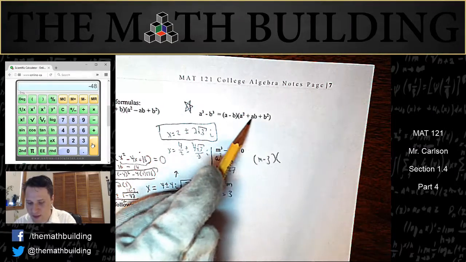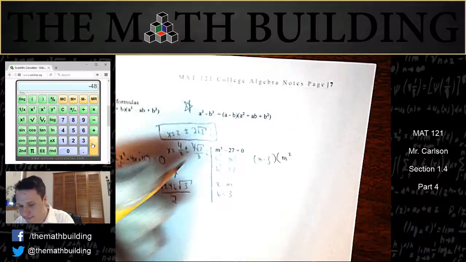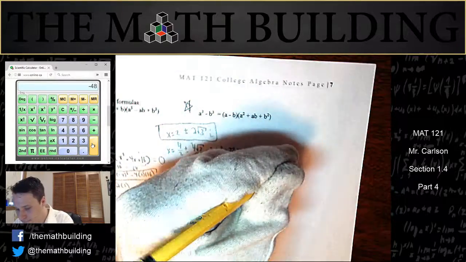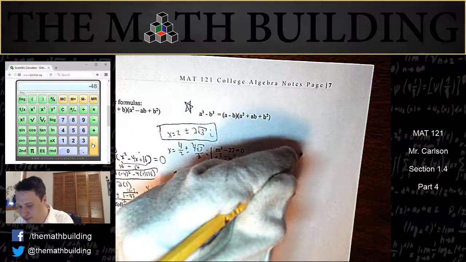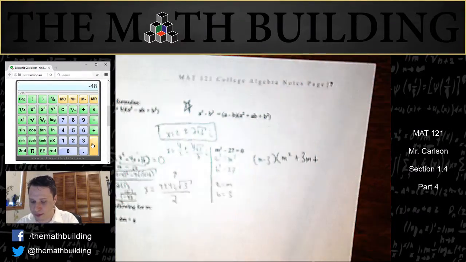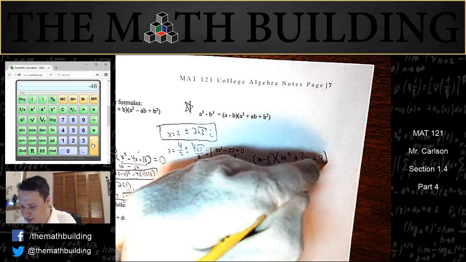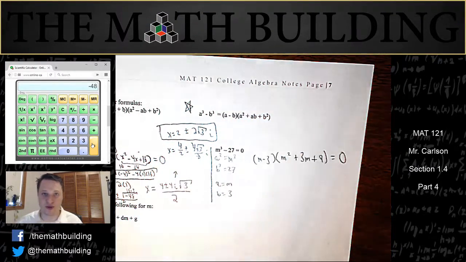Then I have, it's all positive here, so a squared plus ab. ab in this case would be m times 3, or 3m. Then the formula says I have another plus, and then b squared, well, 3 squared is 9, so there you go. This is equal to 0.